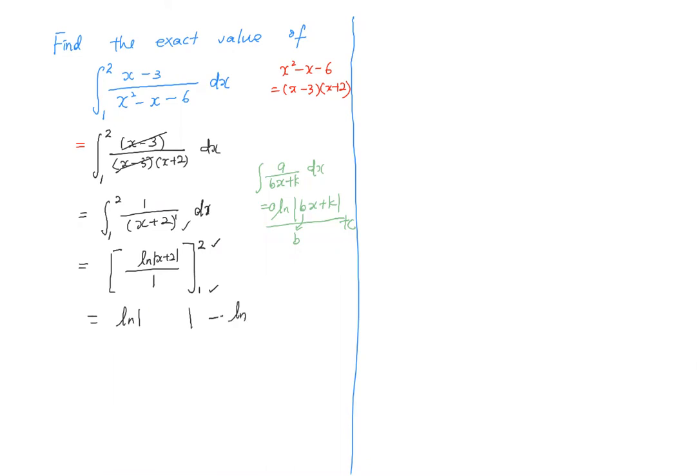You're supposed to sub with 2. Take away, sub the top minus sub the bottom. Understand? Always the top one minus the bottom. So I want the exact value.